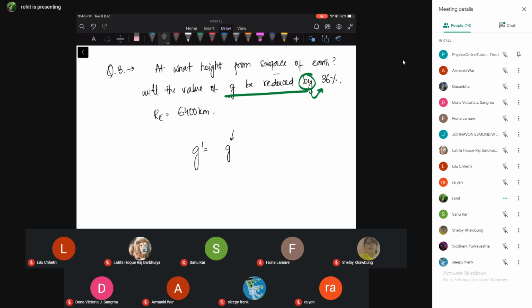It is reduced, right? It's less than g, sir. Less than g, but how much? If the value of g is reduced by 36%, the new value of g should be how much? 64% of g. Do you agree with this?